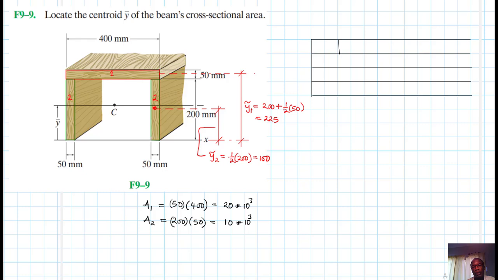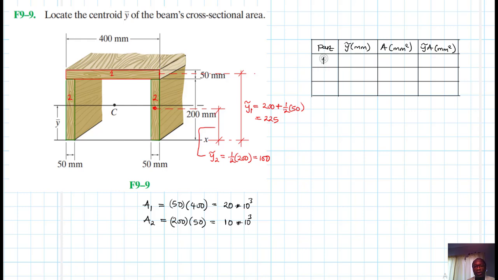This one is for part number, then this one is y centroid in millimeters, then area in millimeters squared, and then y centroid times area in millimeters cubed.